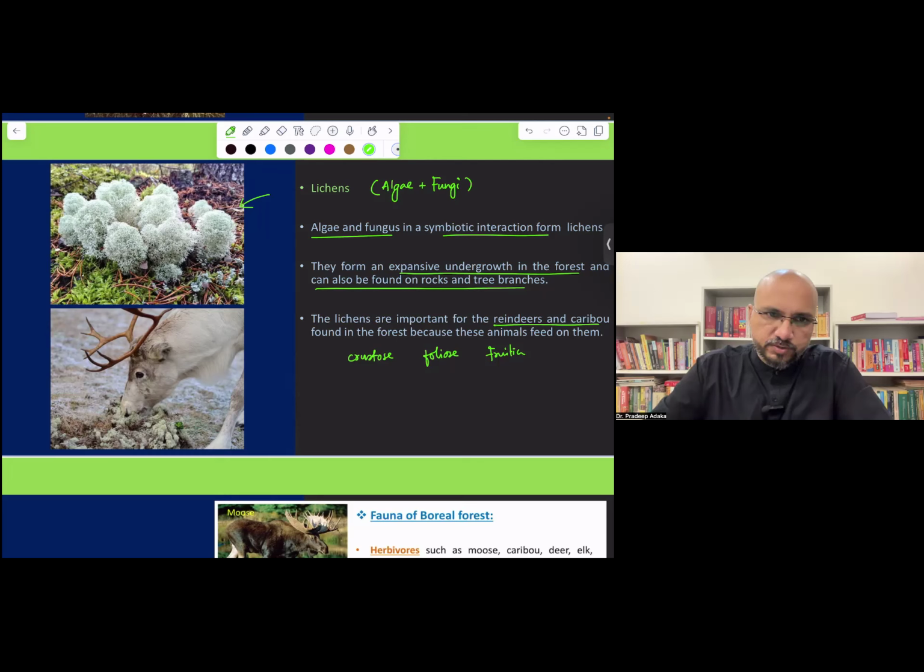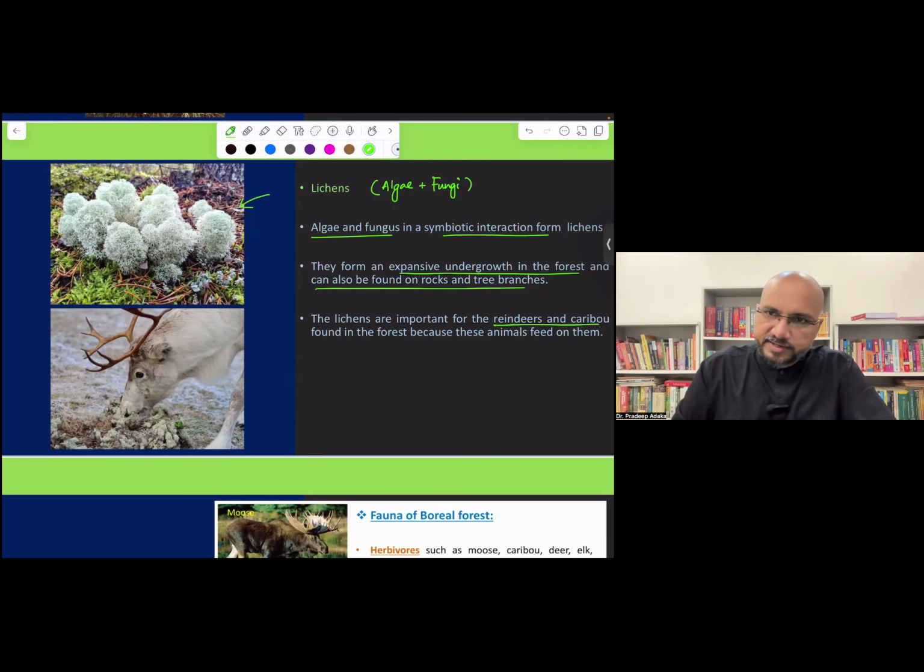Foliose are leaf like. Crustose form a crust on the rocks or the branches. We'll see these different types of lichens later. They are a major source of food for many animals, just remember that.